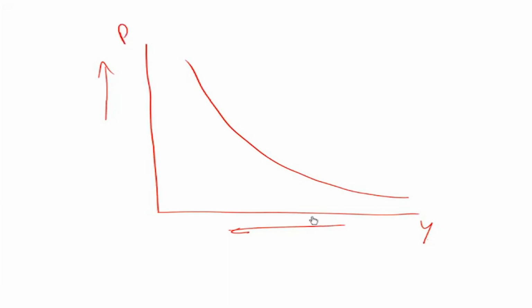In the case of callable bonds, for example, mortgage-backed securities, what happens is that as interest rates fall, people start exercising the call option. That is, people start prepaying. So the price rises, but not beyond a point.